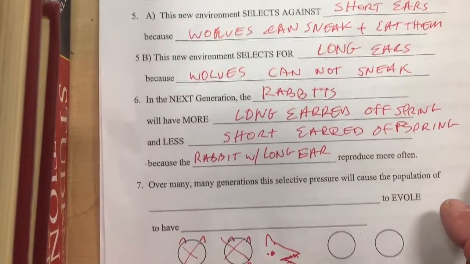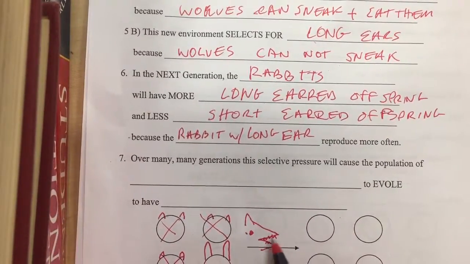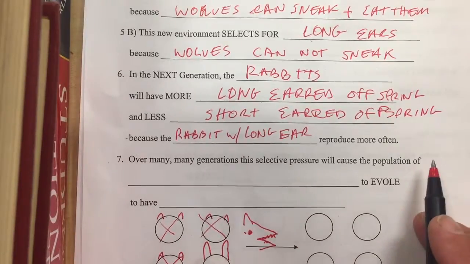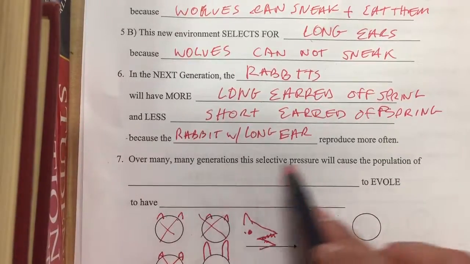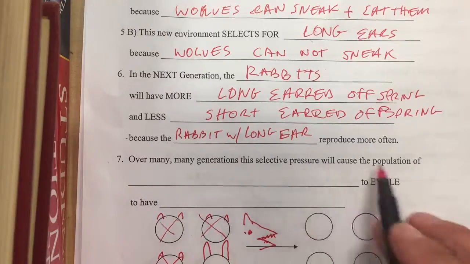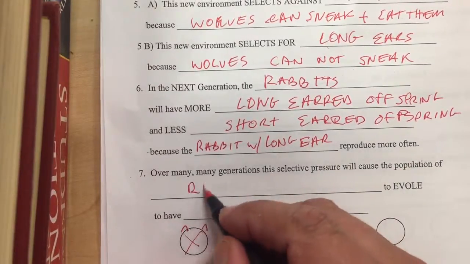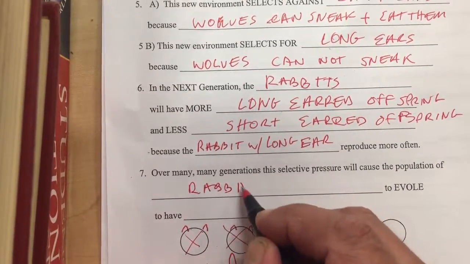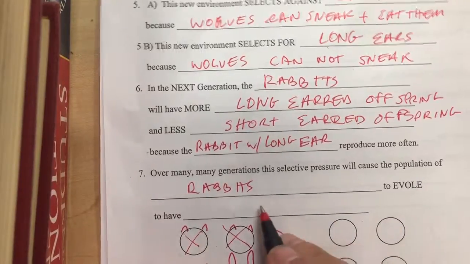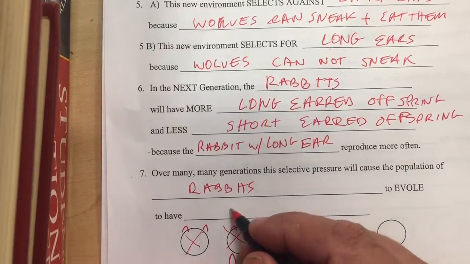And so what happens, if this selective pressure is applied over and over again, many generations, right? The population of rabbits will evolve to have long ears.